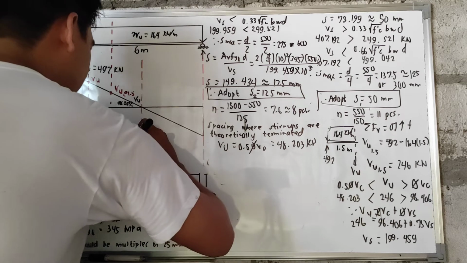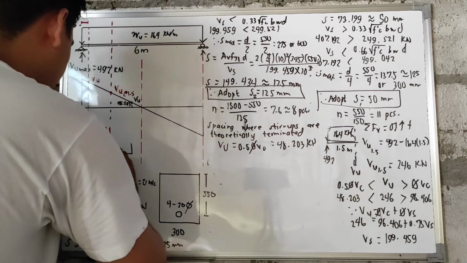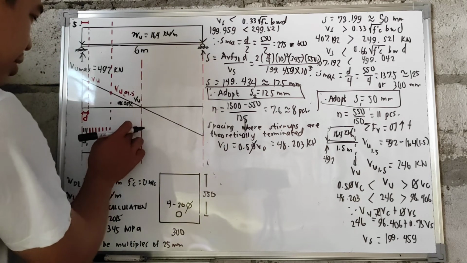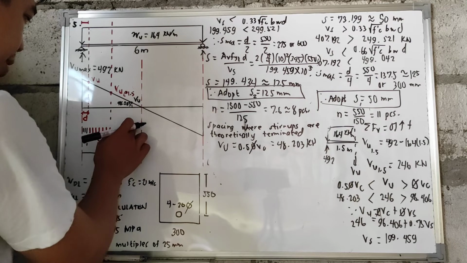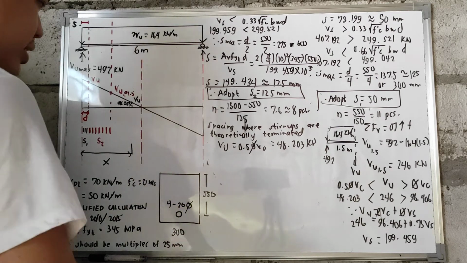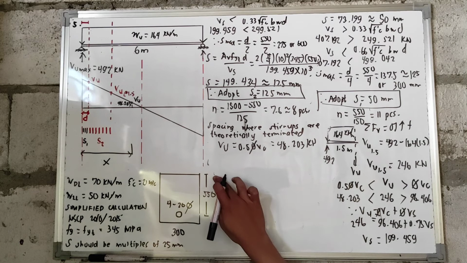So, sir, paano po natin malalaman yan? What will be the distance from the face of the support? Sabi, at this distance daw, wala na tayong reinforcement. Diba? So, nangyari niyan is, hanapin natin yung value ni X. Sir, in what way po? So, we can use yung cutting section na lang, kahit para saan is applicable.